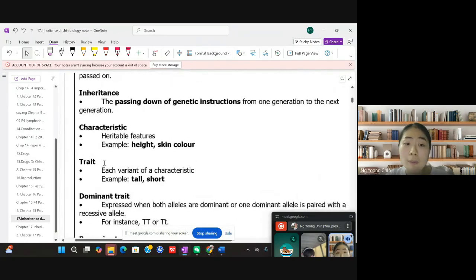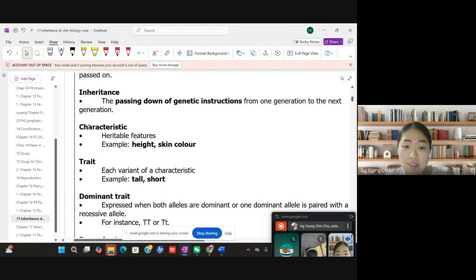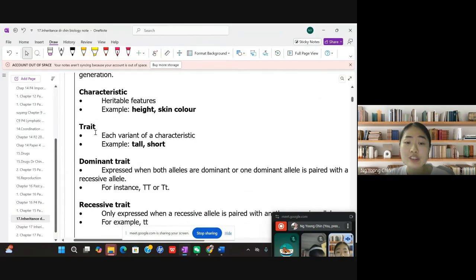Then if they talk about characteristics, the characteristic just refers to something like your eye color, your skin color, or even your height, your weight, which is your characteristic. They become you, okay? The trait, right? The trait is actually, we call it what? Phenotype, okay? Yeah, phenotype.